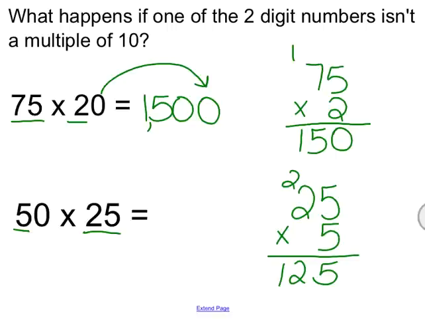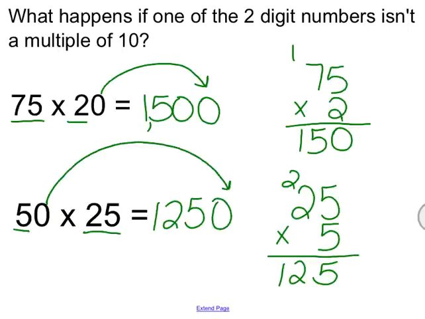So 25 times 5 is 125. But I'm not done. Let's write 125. But then, since that 50, I didn't use the 0, I get to take that 0 on over and add it to the end of my product. And then I add my comma. So 50 times 25 is 1,250.